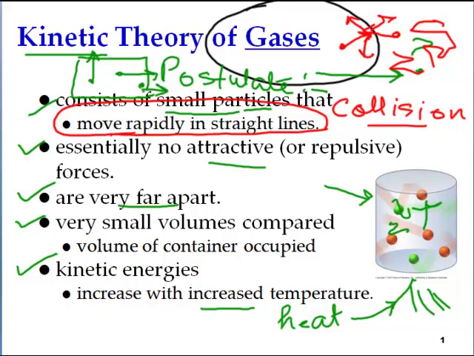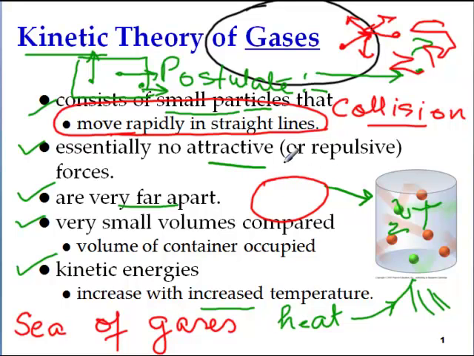We live in a sea of gases. So if you consider the Earth, and if I was to draw Earth over here, I'm not very good at drawing, so if this was the Earth, then it is surrounded by gas particles, and we are, as a matter of living, at the bottom of this sea.